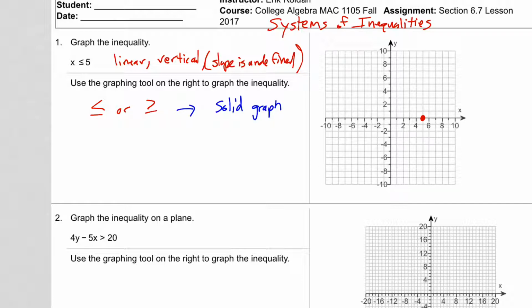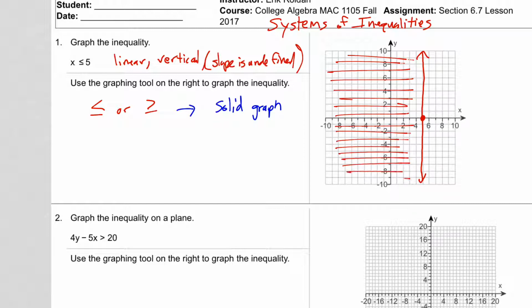Okay, so in this case, we're going to do solid, vertical, at x equals 5. Now, the solution of this inequality is also less than 5. So all the x's less than 5 are going to be to the left. So what we're going to do is shade to the left.